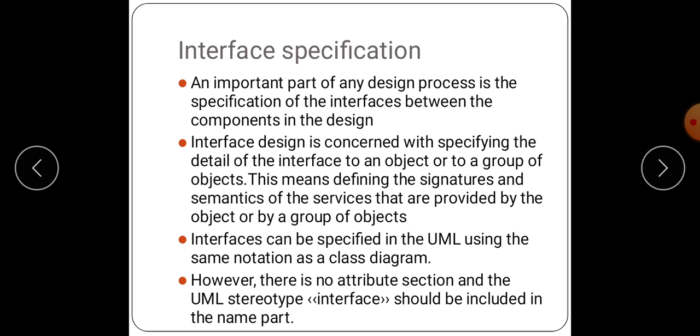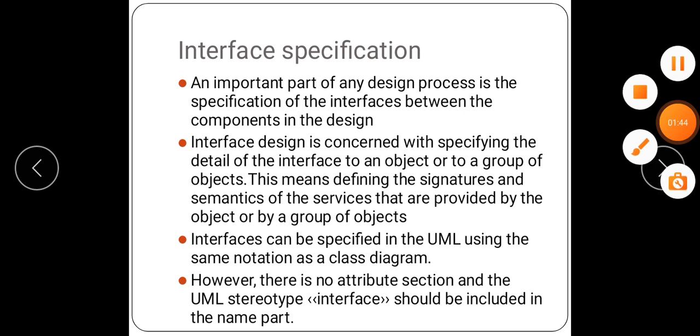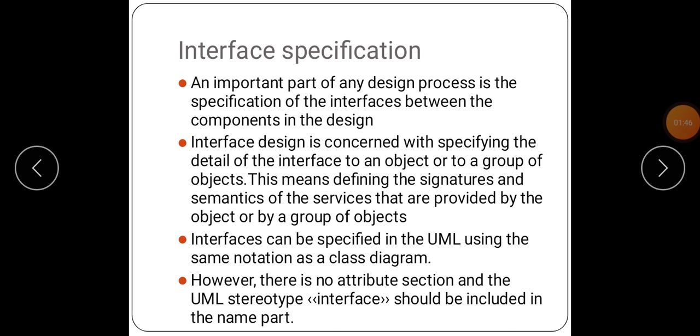Means they are telling interface can be specified in the UML, nothing but unified modeling language, using the same notation as a class diagram. Okay, however there is no attribute section, and the UML stereotype like interface should be included in the name part.